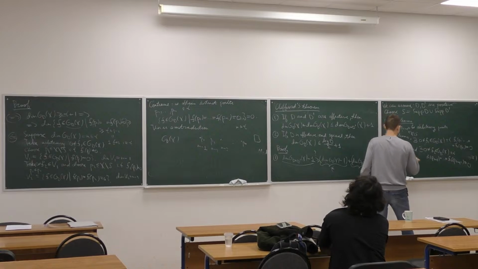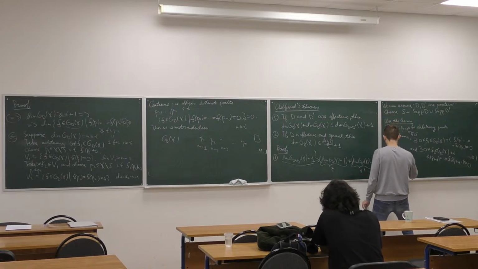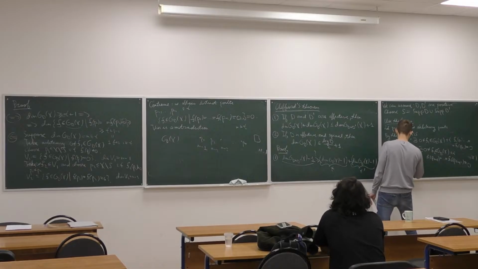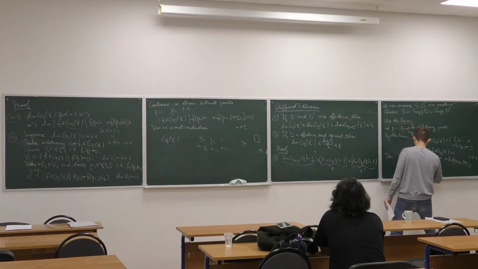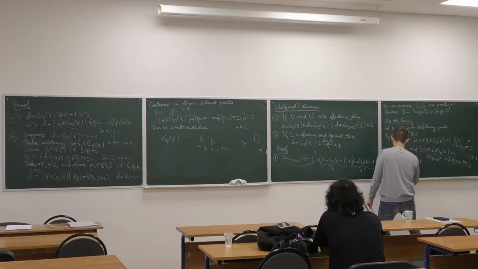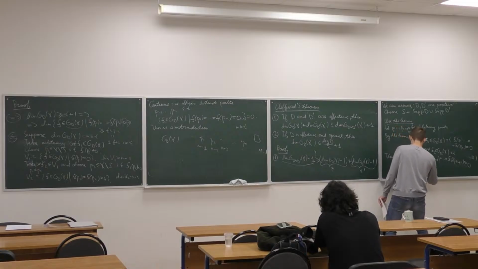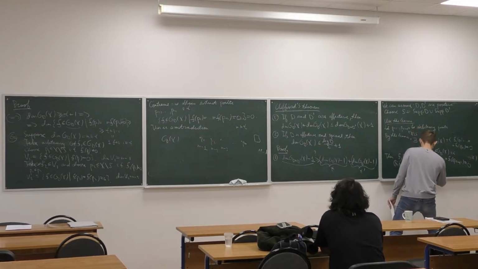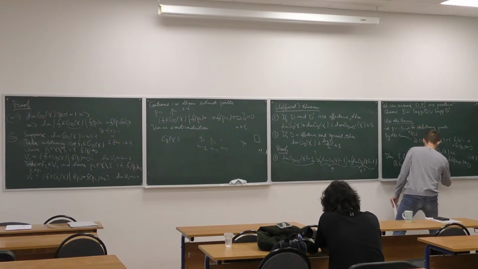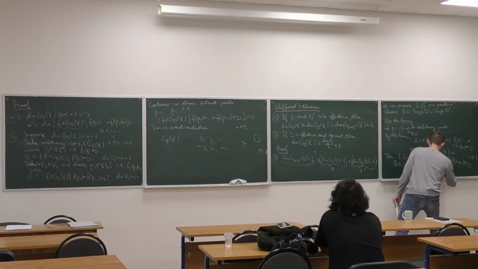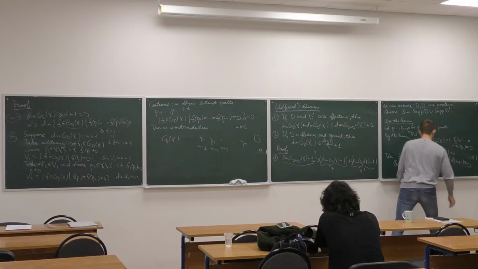Then the product f1 times f2 is not 0, and f1 f2 of p1, ..., p t plus t prime is equal to 0.